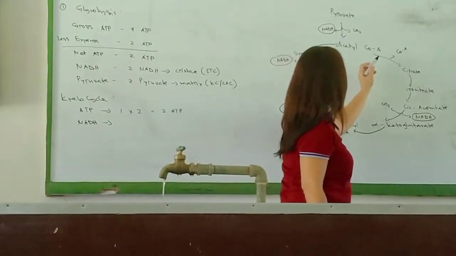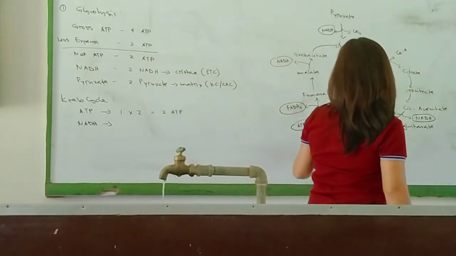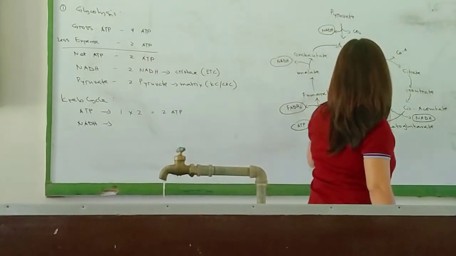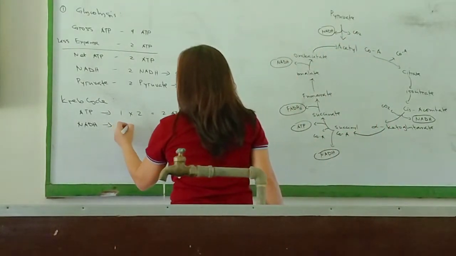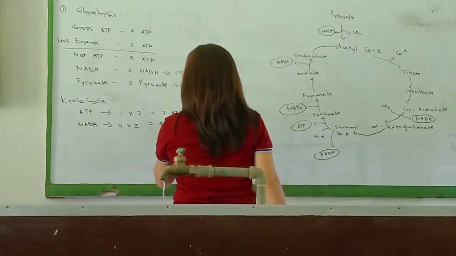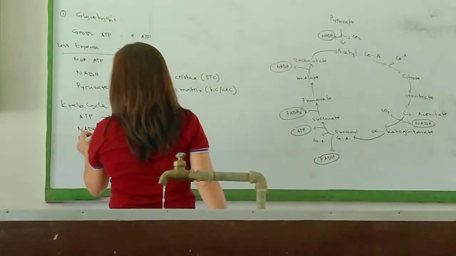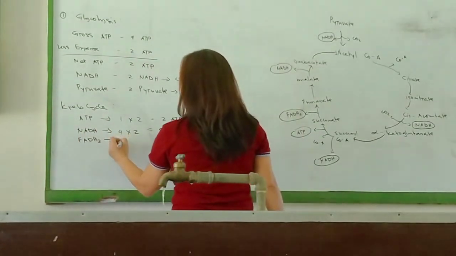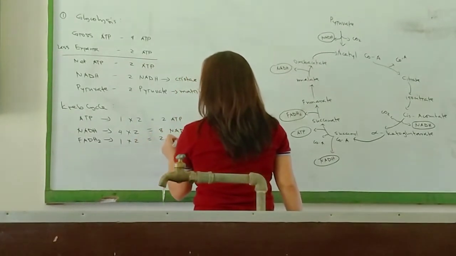In the citric acid cycle, we have 1, 2, 3, plus pyruvate to acetyl-CoA is 4. So you have 4 times 2 equals 8 NADH. Then how many FADH2? We have 1. 1 times 2 equals 2 FADH2.